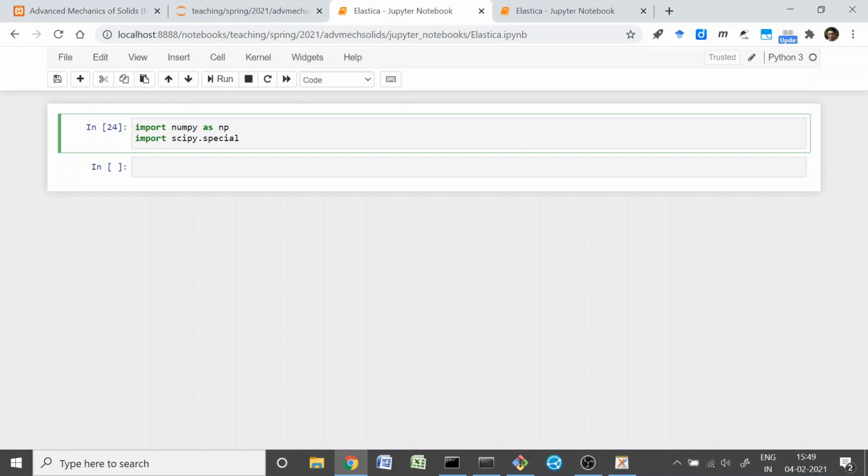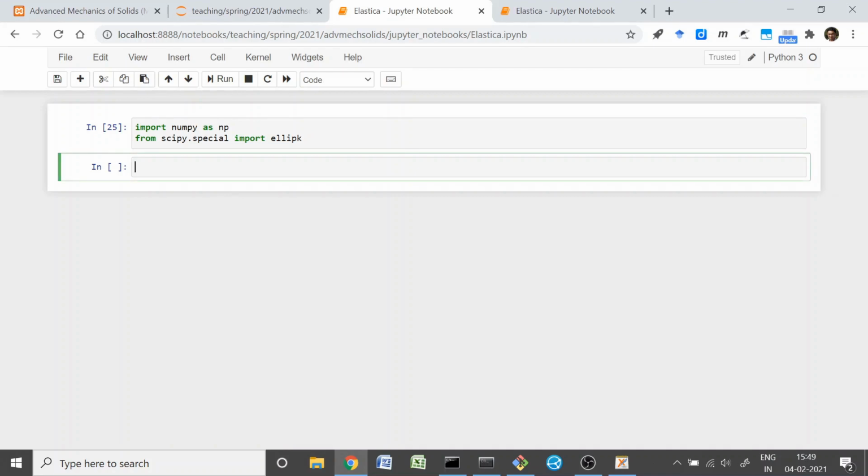What I'll do is import it in a slightly different fashion, because this contains a huge number of special built-in functions. I don't need all of them. I will just import only the one that I need, and that is this elliptical integral. Okay, so from scipy.special import ellipk. That should do the job.